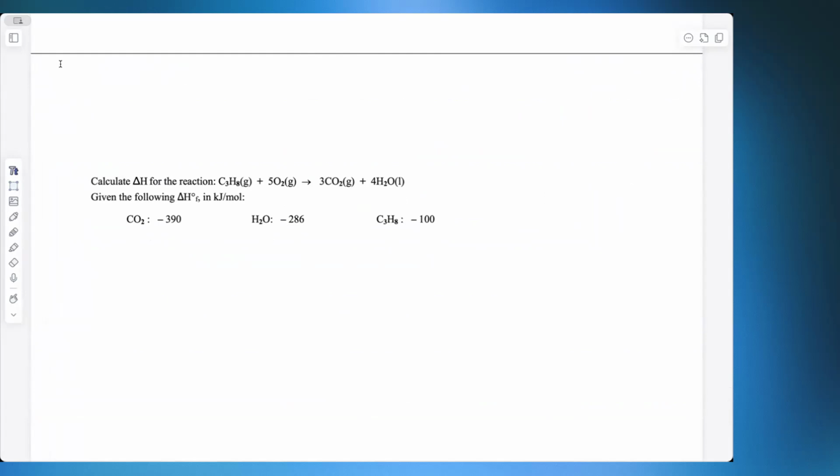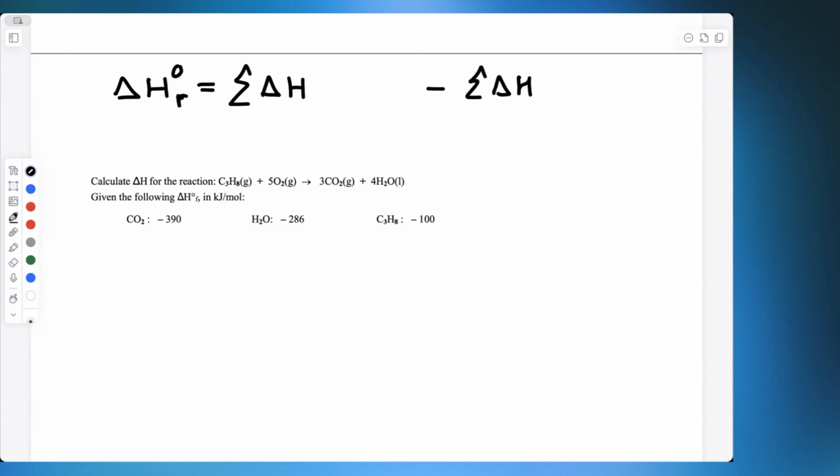Okay, this should be an easy one. Just remind each other that in order to find the delta H of the reaction, you will subtract the sum, or the total, of the delta H of formation. Is it reactants minus products or products minus reactants? Anybody remember? Is it products minus reactants? Products minus reactants.